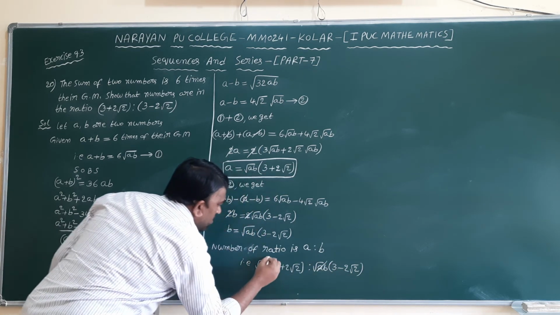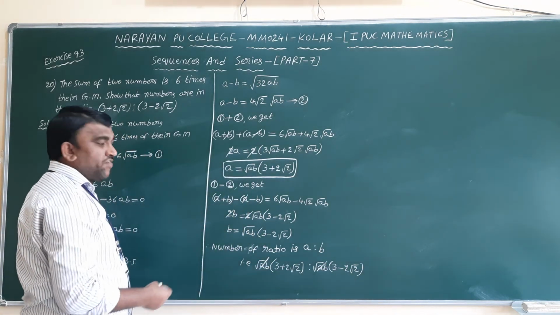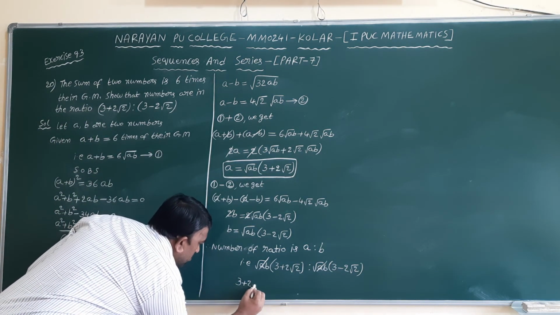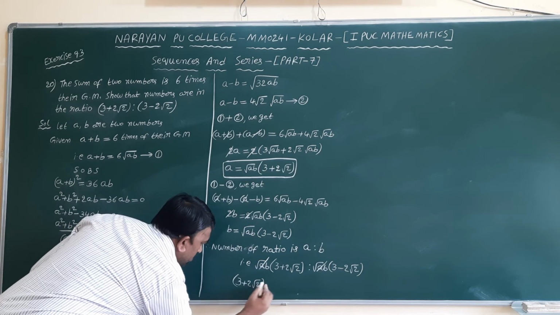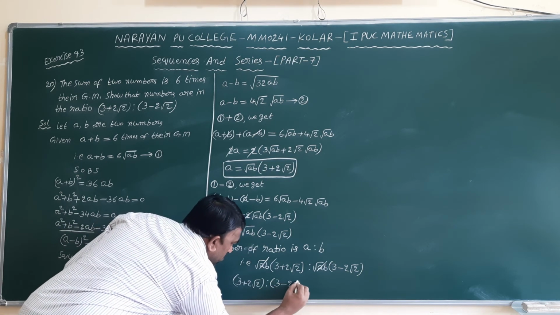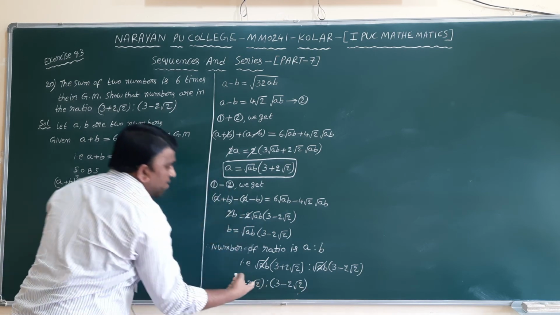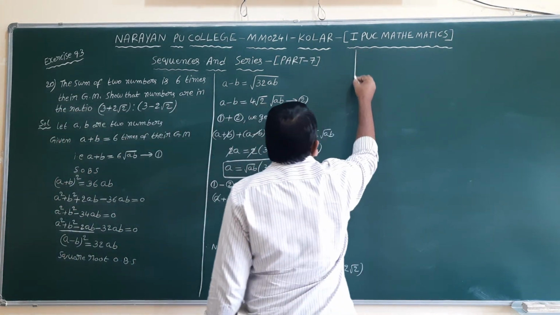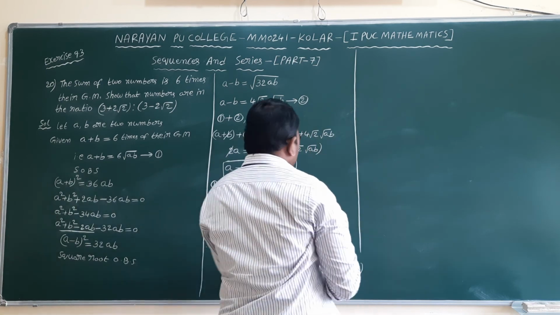So root ab cancels, and is to is nothing but division. So finally, 3 plus 2 root 2 is to 3 minus 2 root 2. It is asking to show that the numbers are in this ratio. Okay, that we proved. So next question.